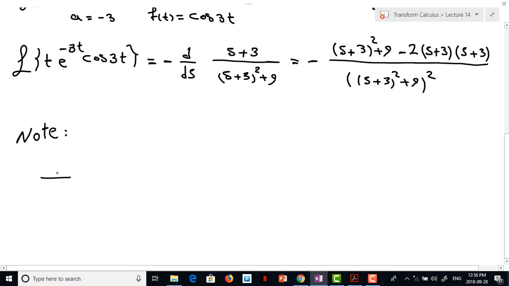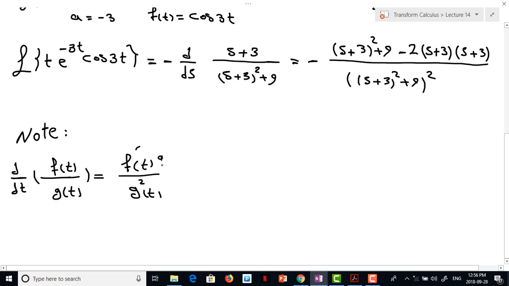If you have a function f(t) over g(t) and you want to find its derivative with respect to t, it's equal to g(t) squared in the denominator. The numerator is the derivative of the numerator, f prime t times g(t), minus the derivative of the denominator times the numerator, g prime t times f(t). It's the formula for finding the derivative of a fraction.